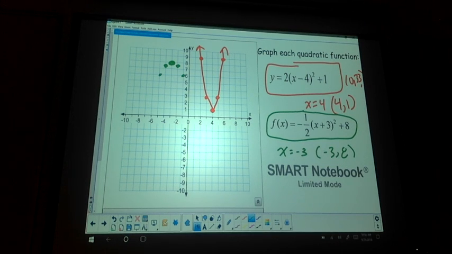Does that make sense? So if I graph this, it's going to look like this. The green one's a little bit wider. It doesn't grow as fast. It has a vertical compression because it's a fraction between 0 and 1 out front.